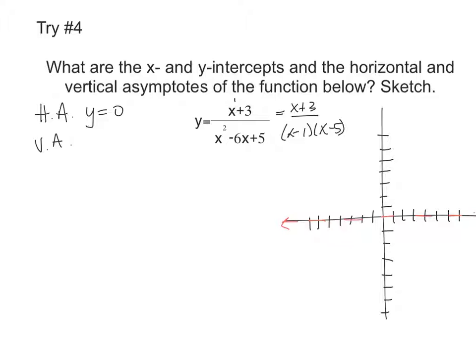Yeah, because if you multiply them, you'll get +5. Okay, so if I set that denominator equal to 0, then my vertical asymptotes are going to be 1 and 5. So 1 and 5. 1, 2, 3, 4, 5.